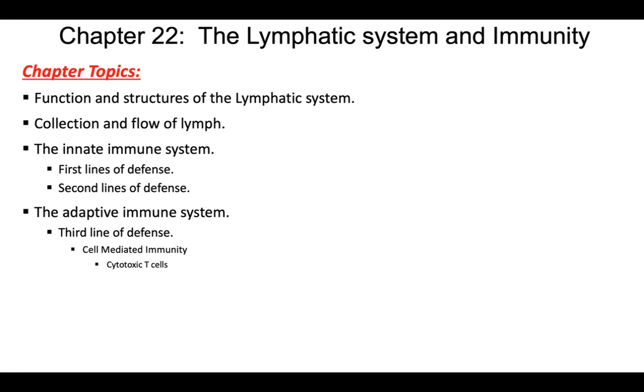And these cytotoxic T cells are helped by another type of T cell called helper T cells. We'll also talk about the humoral-mediated immunity, which involves B cells producing antibodies. And B cells also need help from what's called helper T cells. So these helper T cells are really important for your entire immune response.